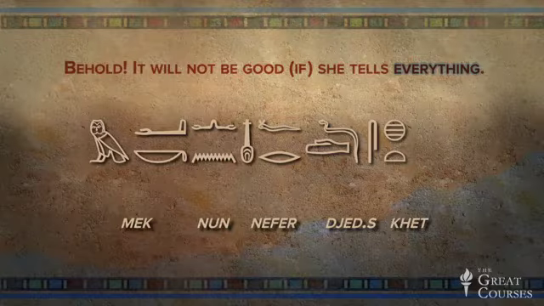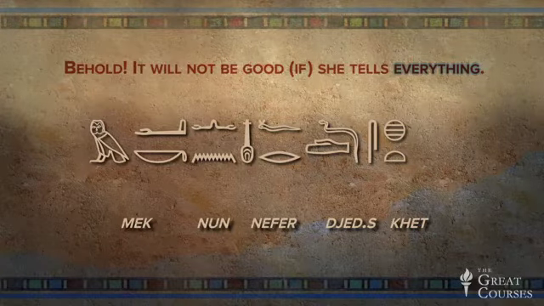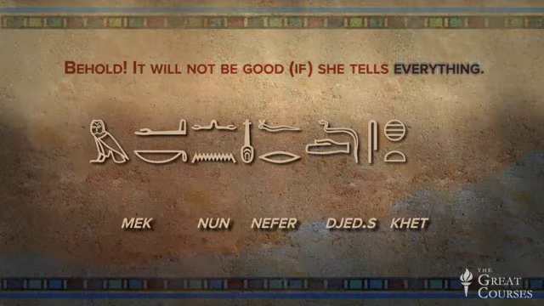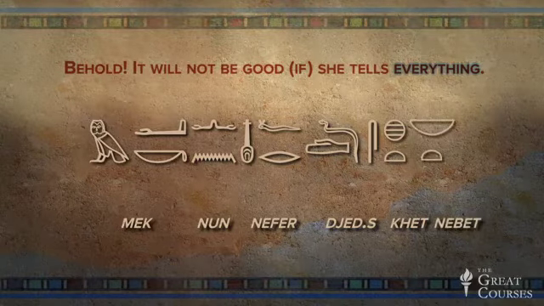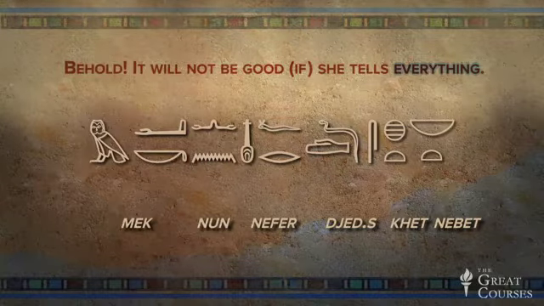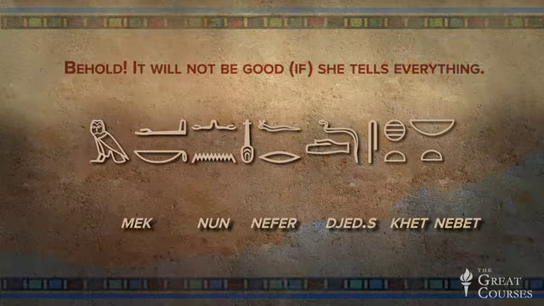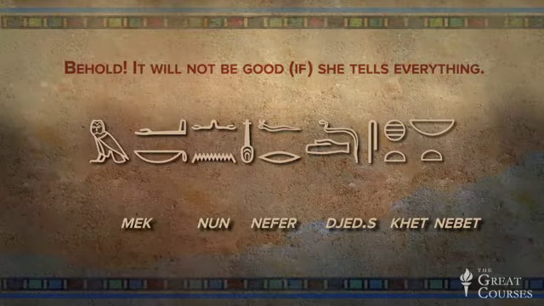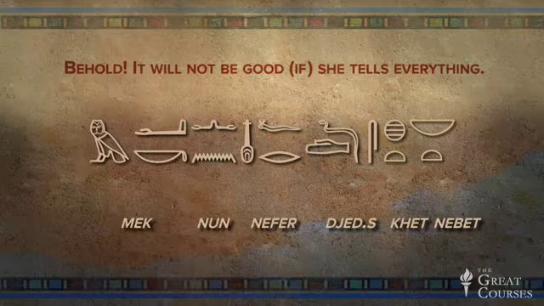All is neb, but adjectives agree with their nouns. Chet is feminine, since it ends in T, so all will be nebet. Now we can add everything. Chet nebet. Mek, nun nefer dejed es chet nebet. That's behold, it will not be good if she tells everything.